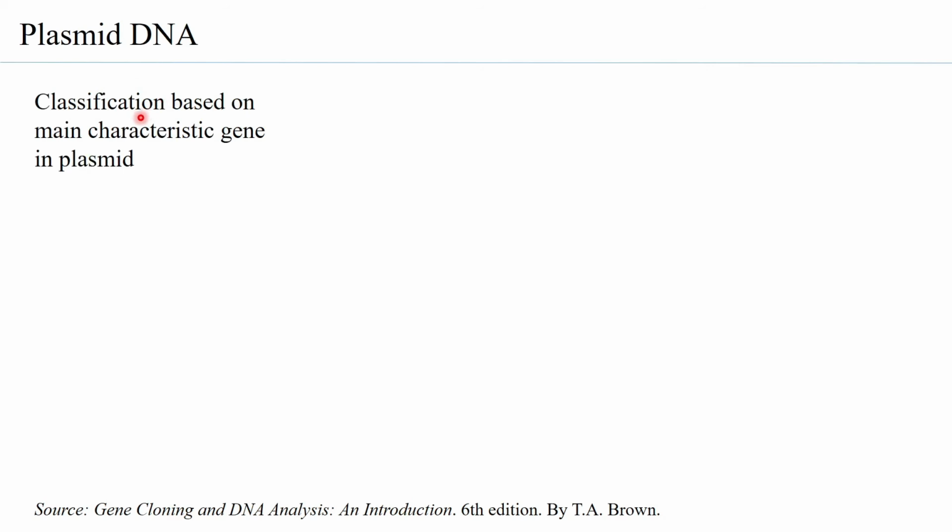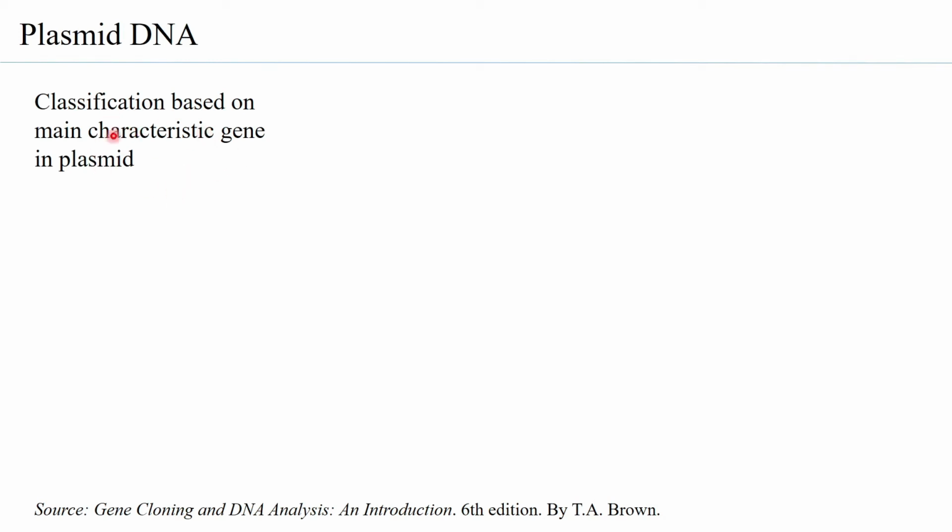Now, plasmid DNA is of course classified based on that one specific gene that confers the host with a characteristic, with a function that is visibly seen, giving a mark of that particular plasmid.